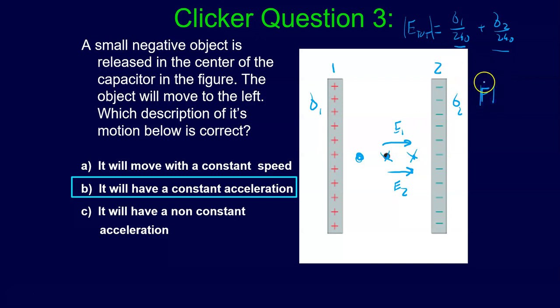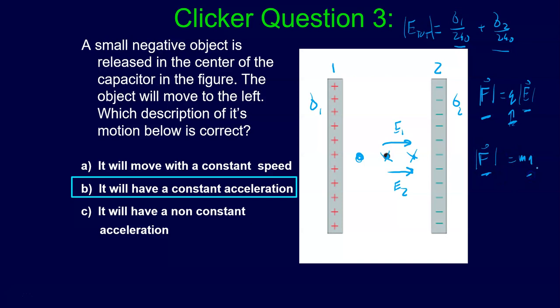And we know one of our definitions here is that force is equal to the charge times your electric field, right? So if we release some charge there, and the electric field is constant and the charge is constant, the force has to be constant. And then we know from 2a that F is equal to ma. So if our force is constant, we're going to have constant acceleration.